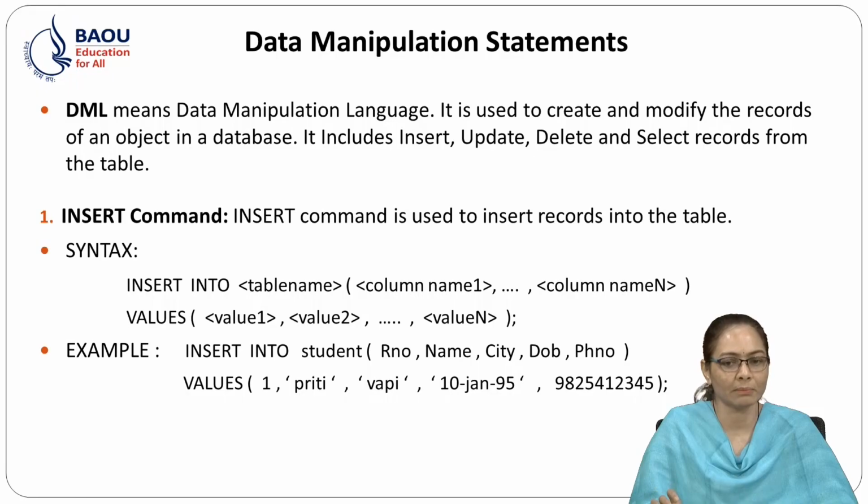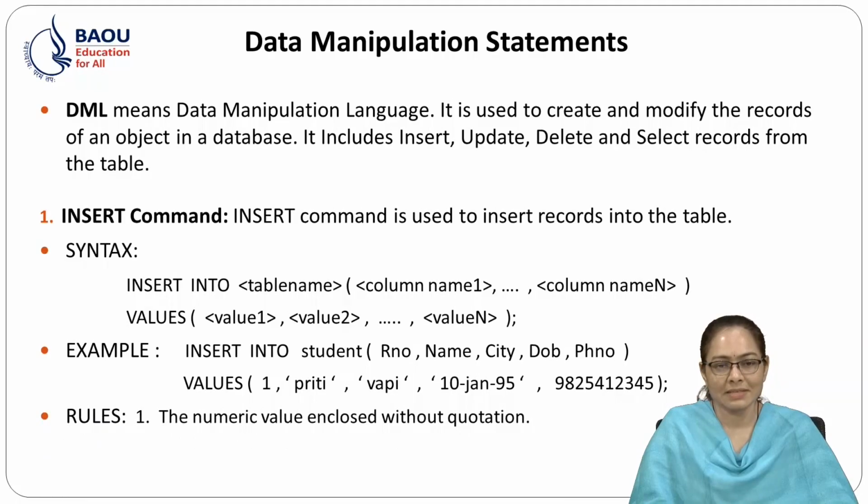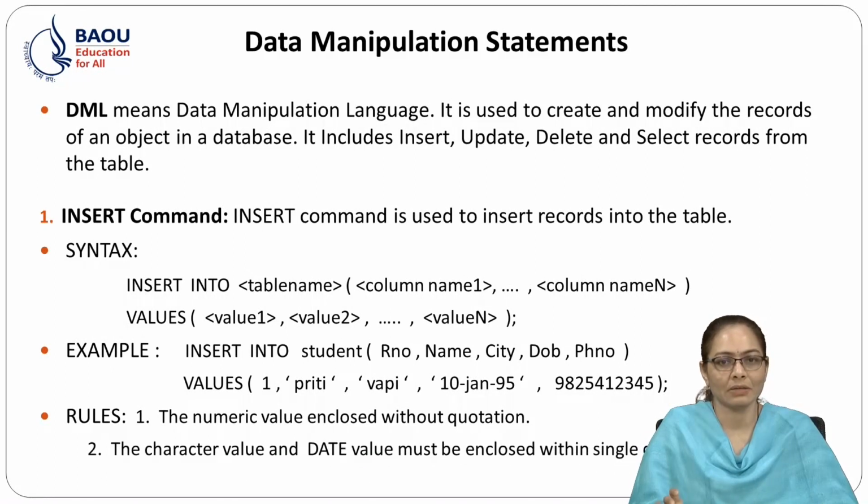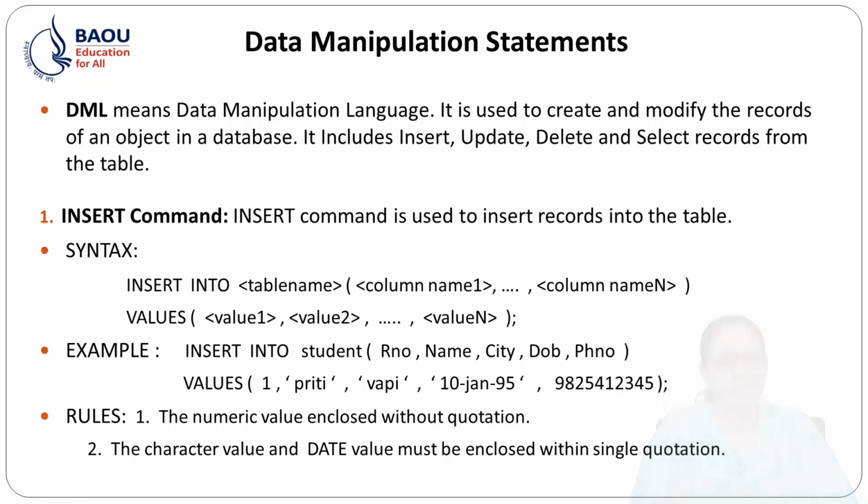And then phone number 98254 is stored in the phone number column. This example is used to store the first record in the student table. Now, here the rule is that numeric values are written without quotation, and string values or character values or date values must be enclosed within single quotation.